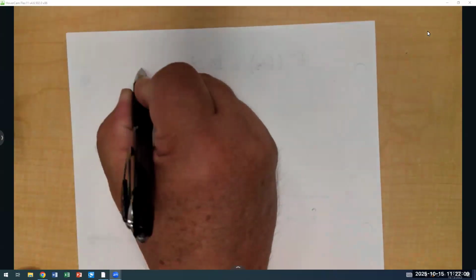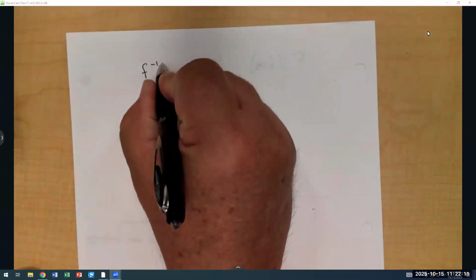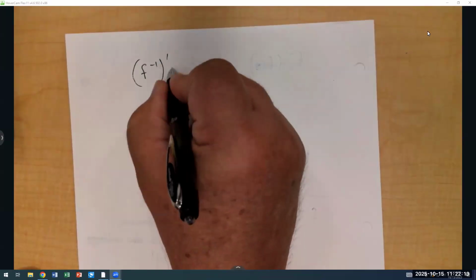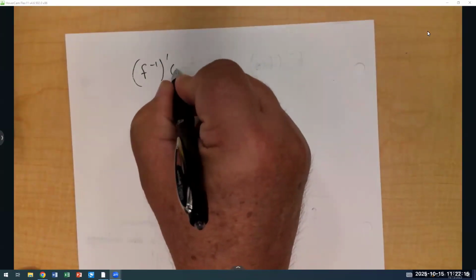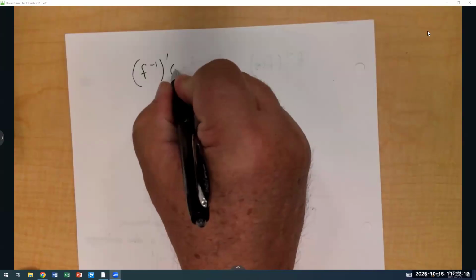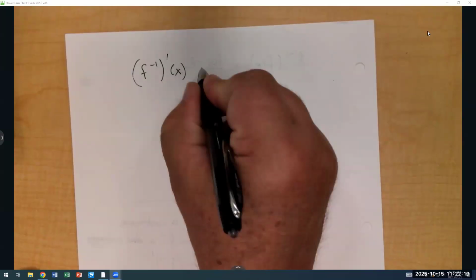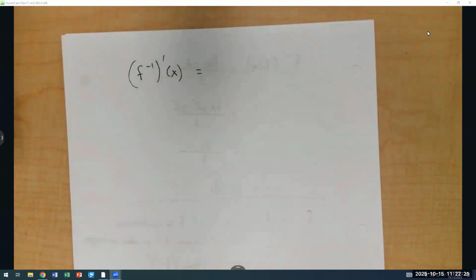All right, let's see if we have some example here. So the derivative of our function, let's just derive this thing.